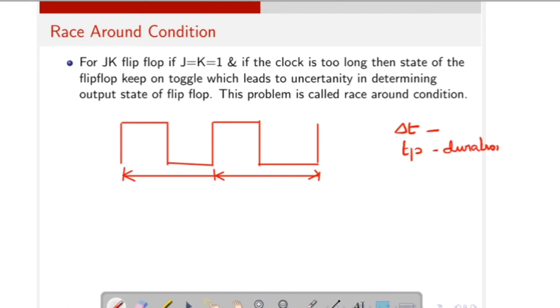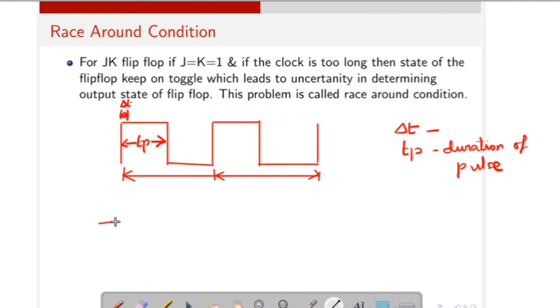So here is the Tp, this is the Tp. Suppose this is delta t. So the delta t is very much lower than the Tp. In that case, after the propagation delay, the flip-flop will generate the output.